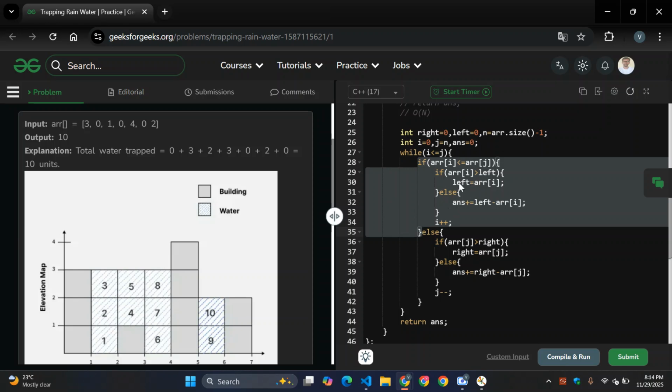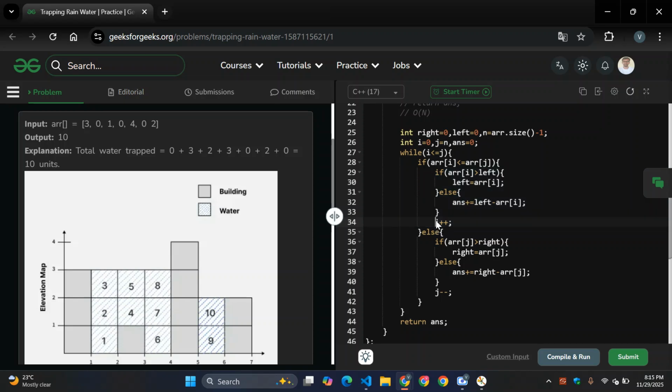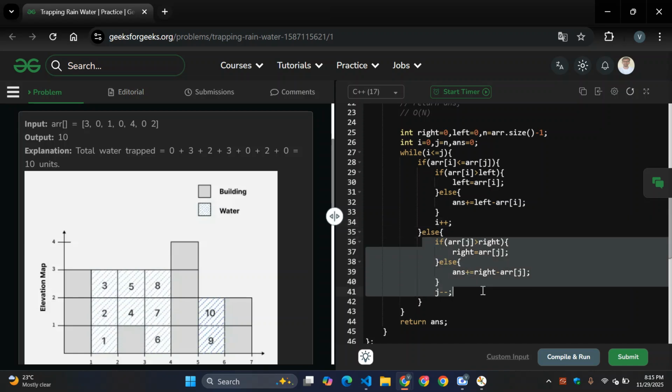If this is the scenario, then we just move in the simple way. If we found the maximum value from its left side, then we store it in left and subtract the current value, and we just have to add it. We can increment that as well, and the remaining part is vice versa in reverse order.